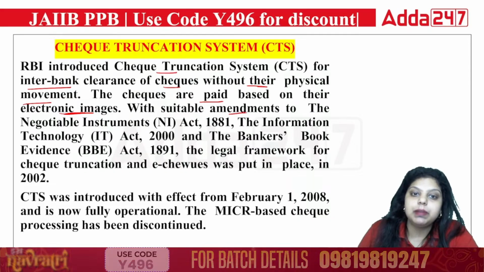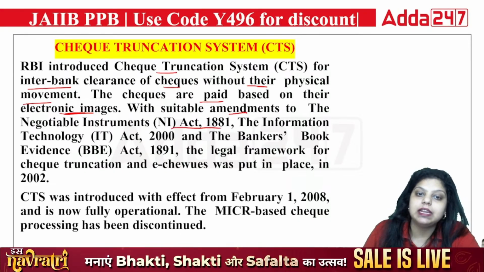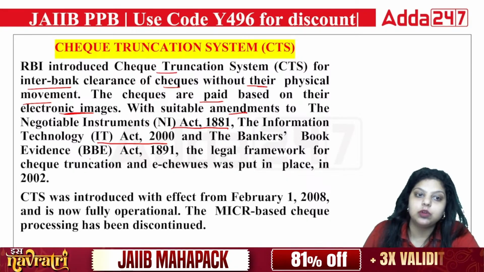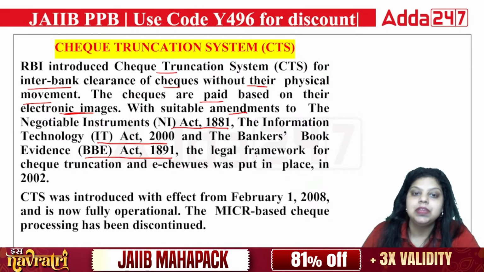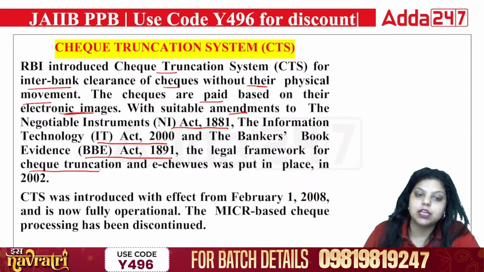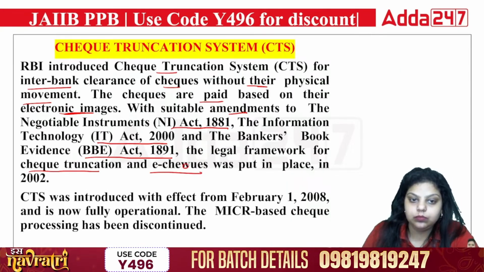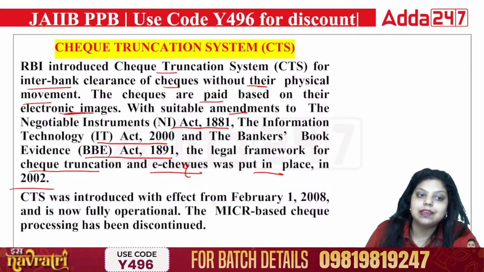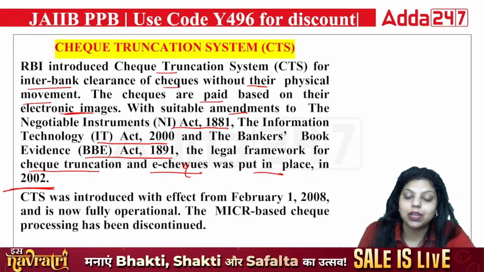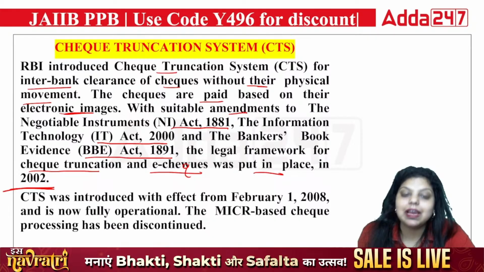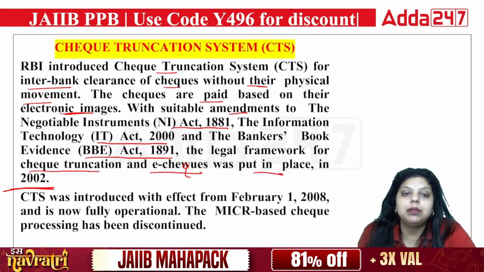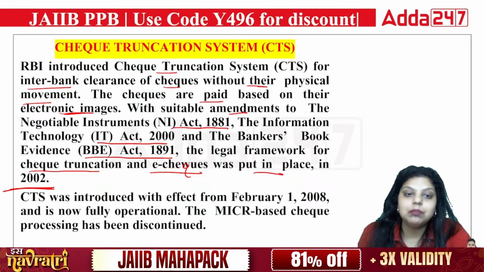With suitable amendments to the Negotiable Instruments Act 1881, the Information Technology Act 2000, and the Bankers' Books Evidence Act 1891, the legal framework for check truncation and e-checks was put in place in 2002. A lot of amendments have been done in multiple acts.